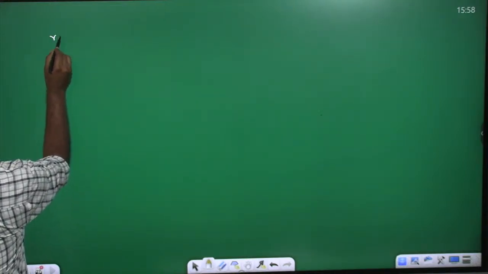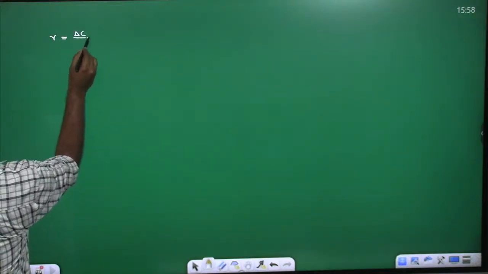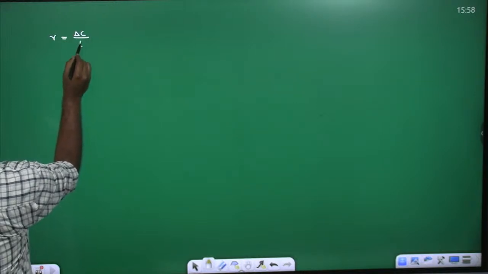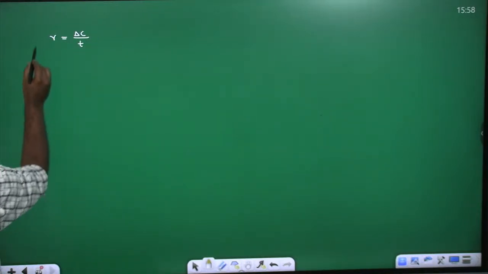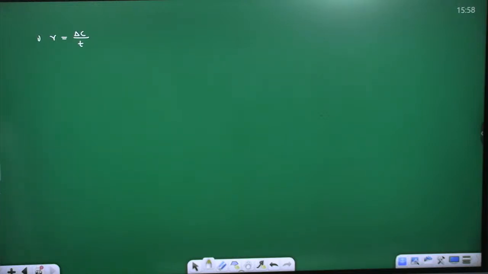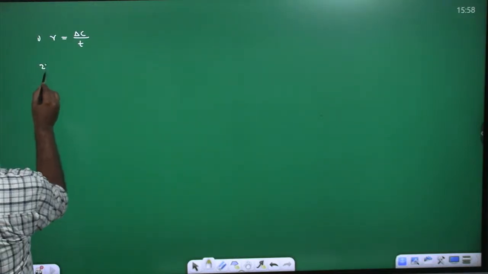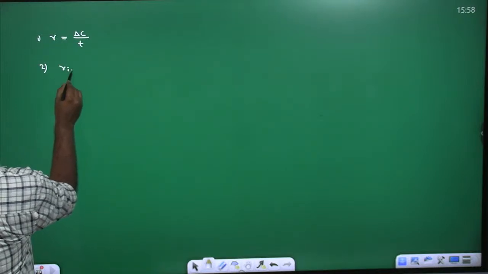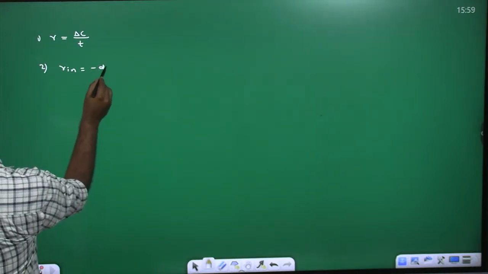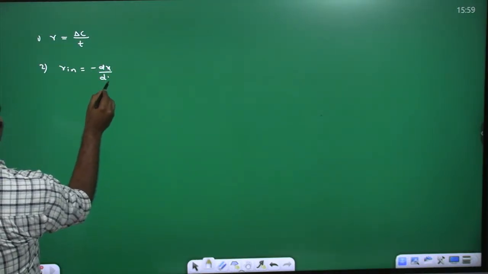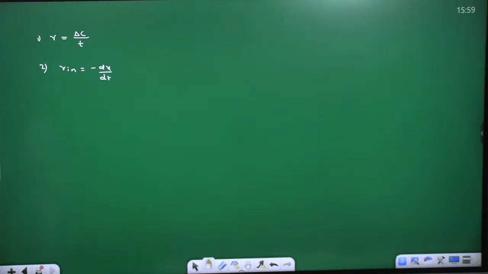Rate of reaction equal to change in concentration of reactants or products per unit time. Rate of reaction is nothing but change in concentration of reactants per unit time. This is 2 types, right? Rate instantaneous, how do we write? Minus dx by dt we can write. Average we are going to write delta C by delta T.